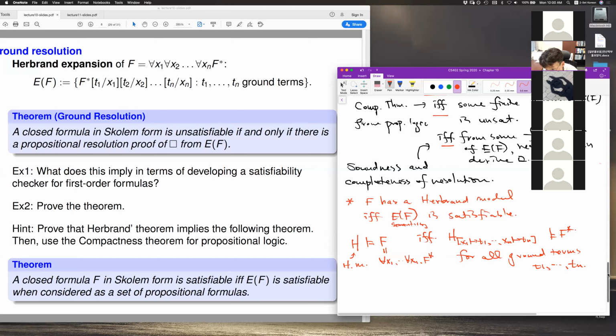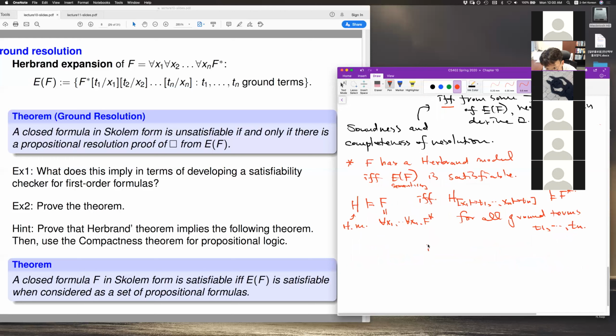So the next step is that we use the translation lemma.